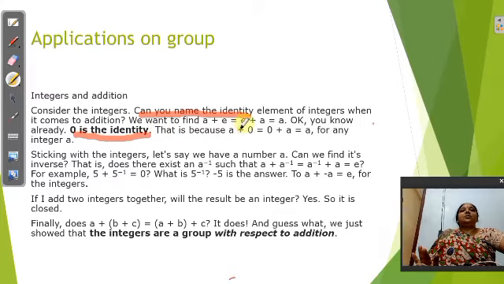That is because A plus 0 is equal to 0 plus A is equal to A. As we are getting A again, here 0 is the identity element.